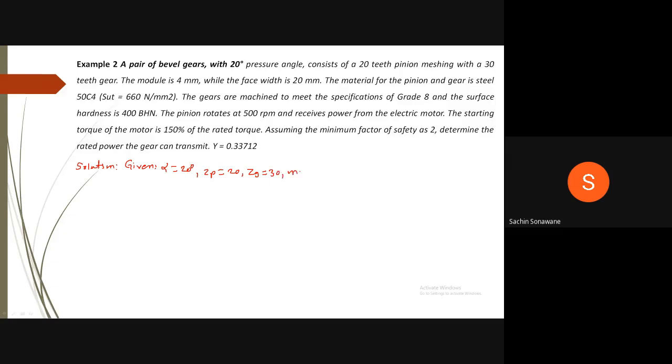Then module M is equal to 4 mm. Face width B is equal to 20 mm.